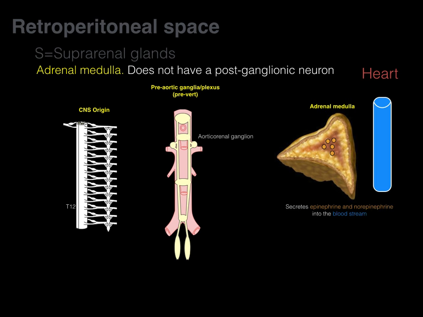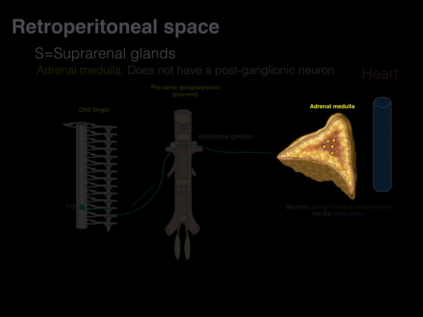So there we've got the T12 level of the spinal cord, and a preganglionic sympathetic neuron courses out the ventral root, ventral ramus, into the lesser splanchnic nerve, and it courses through the aorticorenal ganglion without synapse, and it goes right to the adrenal medulla.